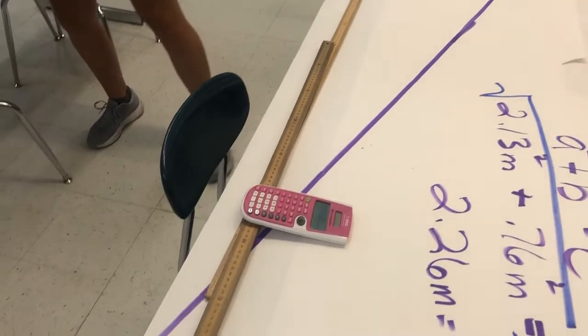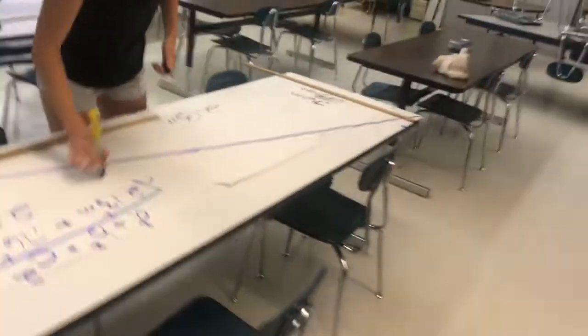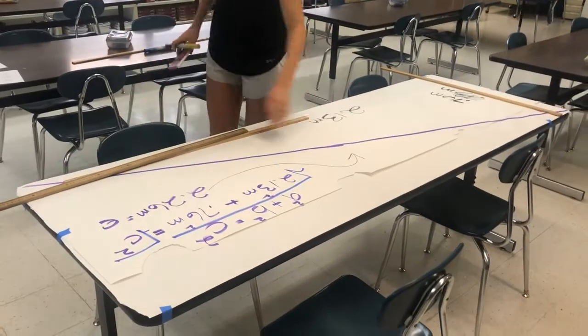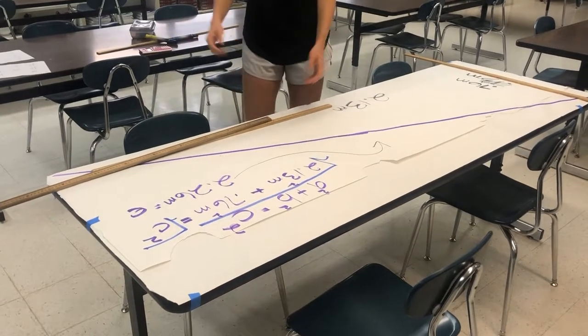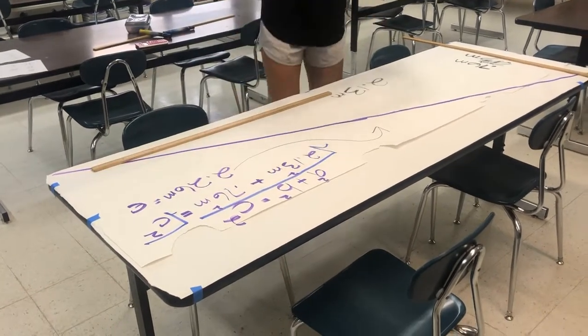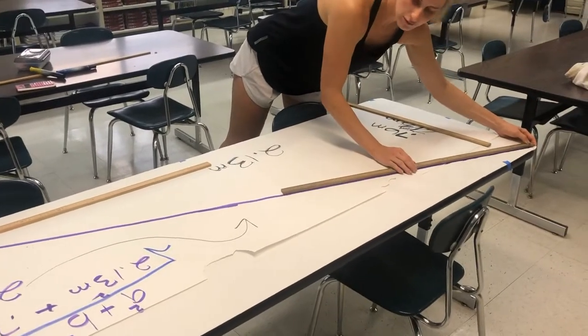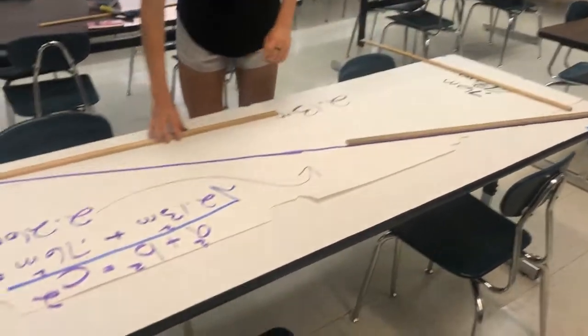Now, how could we check to see if that's right? How could we check to see if that's right, Miss Moore? So we think that this is supposed to be the length of my hypotenuse. So let's go ahead and measure it out and see if we're right. Okay, so I'm gonna follow the line here. So that's 1 meter.